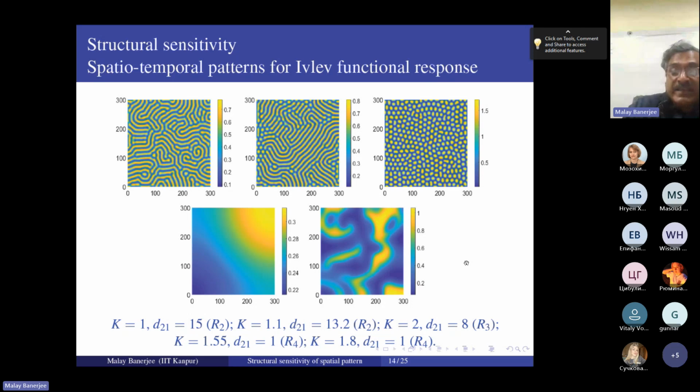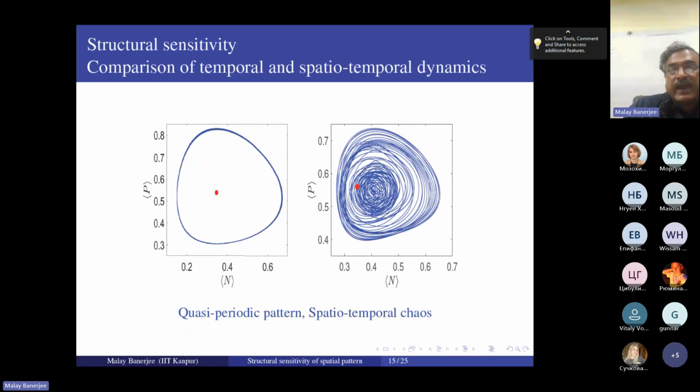And again, in this case, if we look at the corresponding distribution, that means the distribution of the spatial average with respect to time, you can see there is a drastic change in the distribution of the spatial component with respect to the stable equilibrium or stable steady state of the corresponding temporal model.